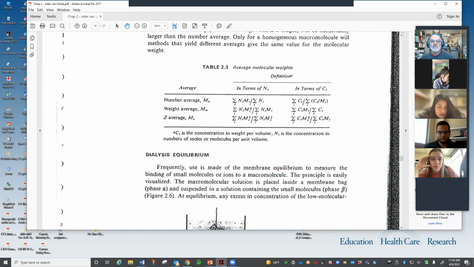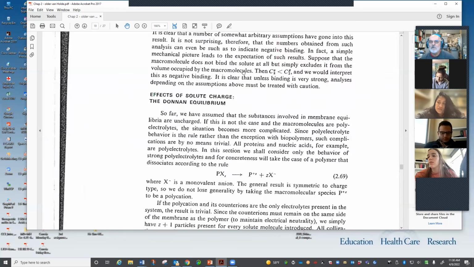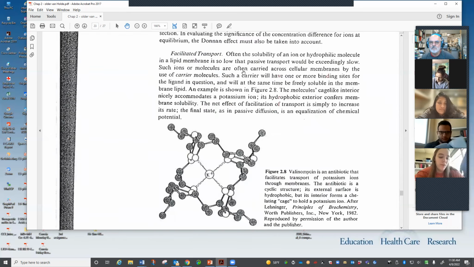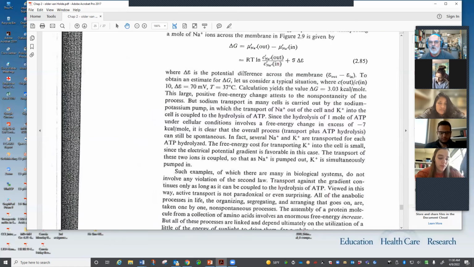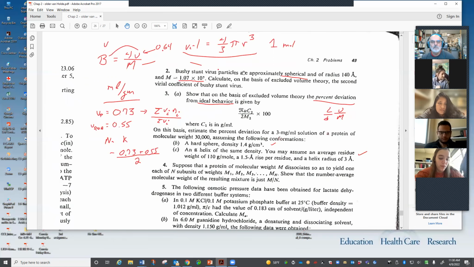Okay, and so what they mean is that it's an average value in terms of number or in terms of concentration. That's what you end up using down below. And the bar is sort of an average value if it was a mixture. So you would have, if there was more than one component, it might be the number average if there's some kind of a mixture in the solution. Often a sample isn't pure.